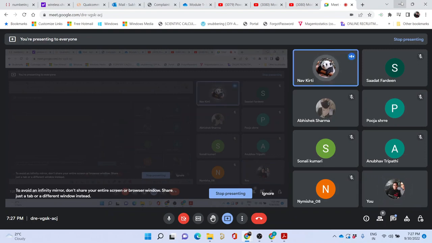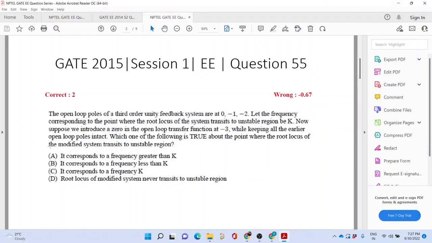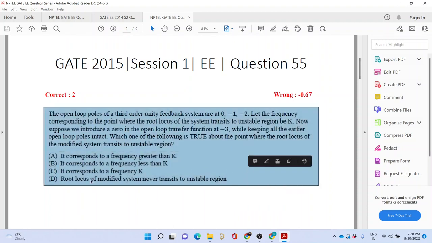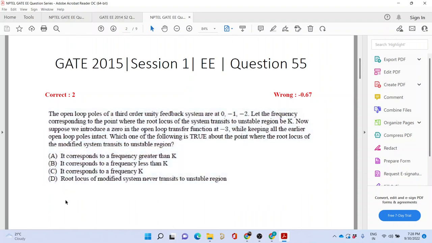Yes, sir. I'm trying this also. Okay, tell me what your intuition is. Which options can you simply discard looking at the question itself? Can you discard any of these options out of these four? Let me think, sir.